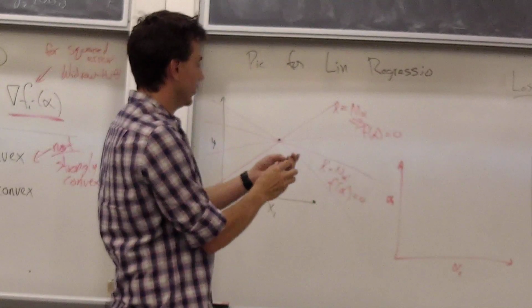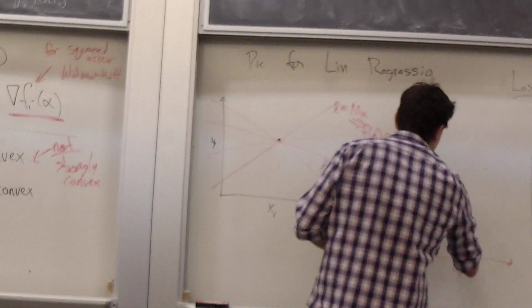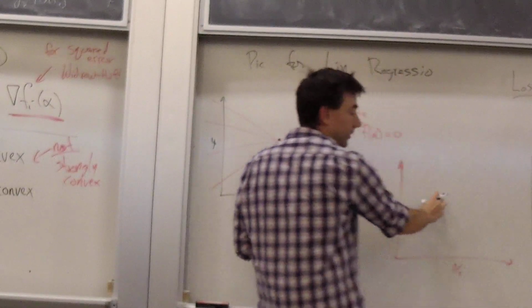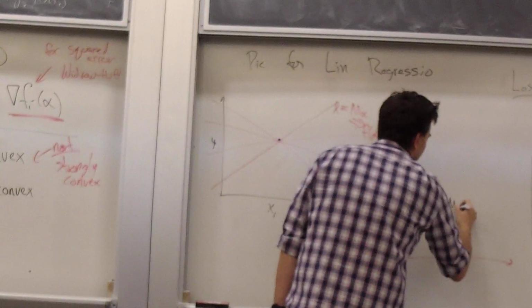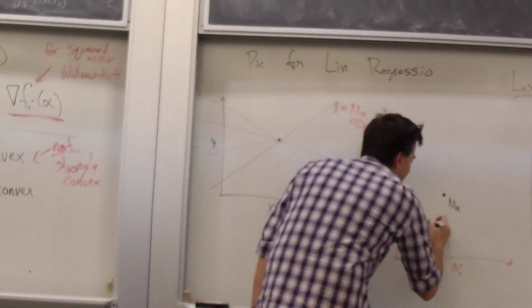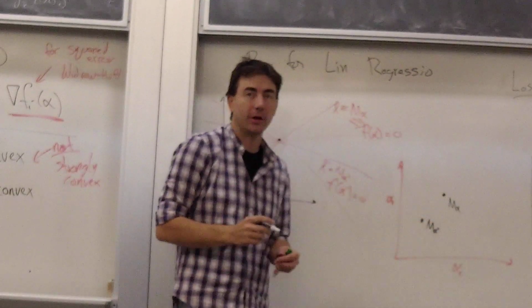Okay, now this is like a dual space. So this will correspond to a single model here, m_alpha. And then there's also going to be this other model, m_alpha prime, both of these are going to have function value 0.